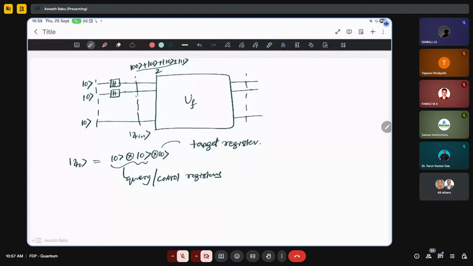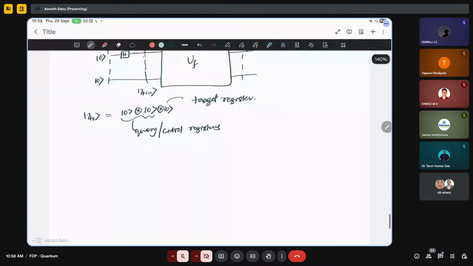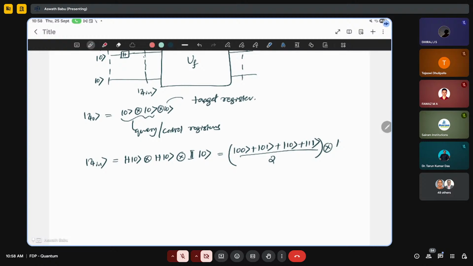These go in, with one Hadamard on the control, another Hadamard on the control, and identity for the target. That gives me psi in: the superposition of 0,0 plus 0,1 plus 1,0 plus 1,1, divided by 2, tensor product with the 0 ket.